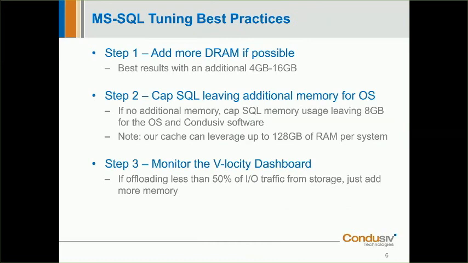So Velocity uses a very lightweight storage filter driver to gather telemetry data. And this allows the software to learn useful things like what is the main application in use on the machine, what type of files are being accessed, and what type of storage I/O streams are being generated, and at what times of the day, the week, the month, the quarter, so it can be very intelligent about what the hot blocks of data are that need to be in the RAM cache, and more importantly, when.